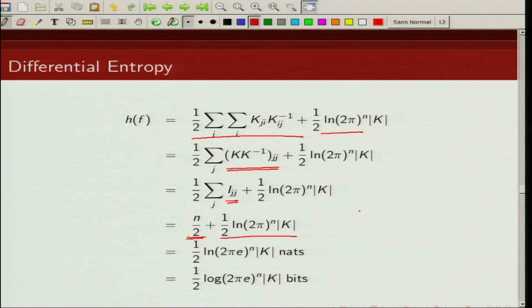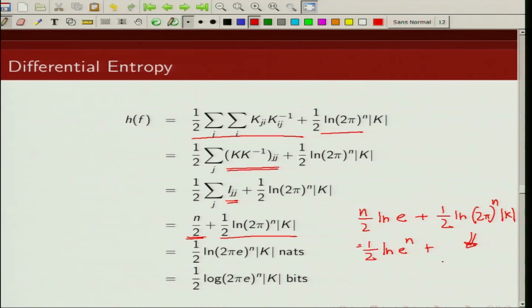Now n by 2 I can write as n by 2 natural log of e, and then I have this term which is half of natural log of (2 pi)^n determinant of K. This I can also write as half of natural log of e raised to the power n plus this term.